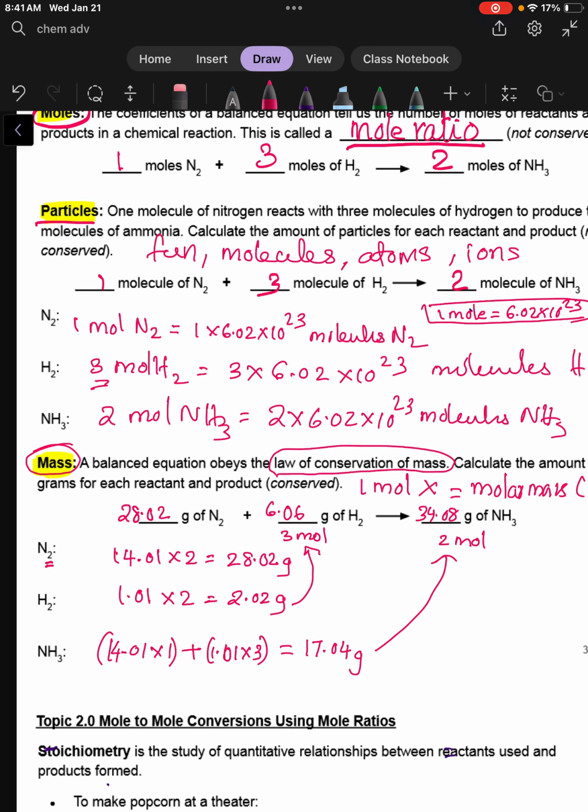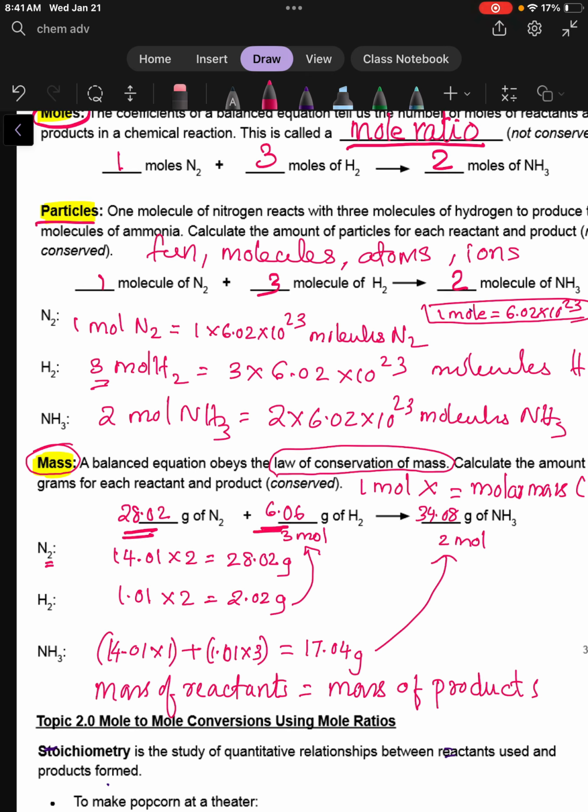Now we can prove the law of conservation of mass. The law of conservation of mass says the mass of reactants must be equal to what? Mass of products. Now you can prove it. The reactant is 28.02 plus 6.06.